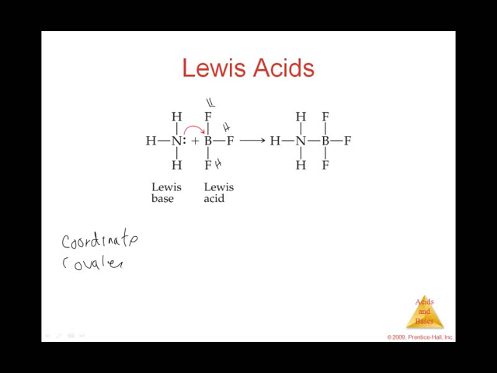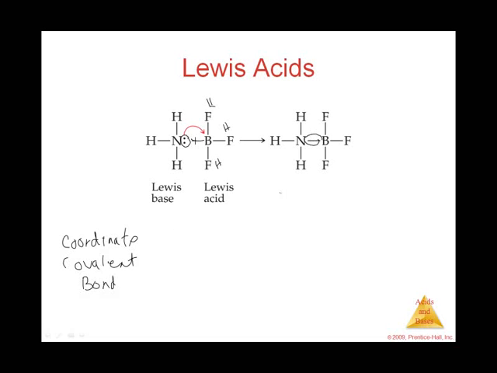And when you have a coordinate covalent bond, you have one of the atoms donating both of the electrons to the other. Okay? So these will end up being shared, but they both come from the nitrogen.